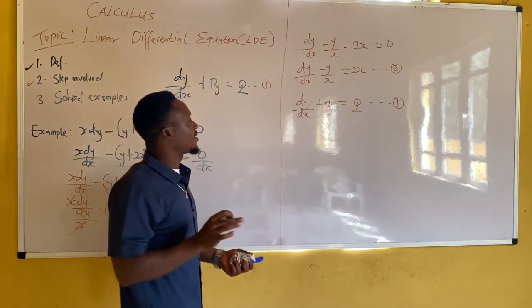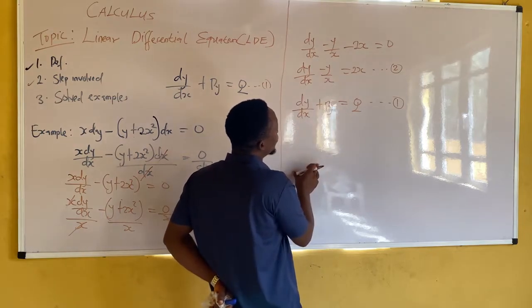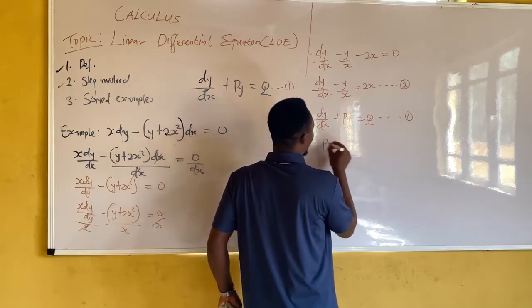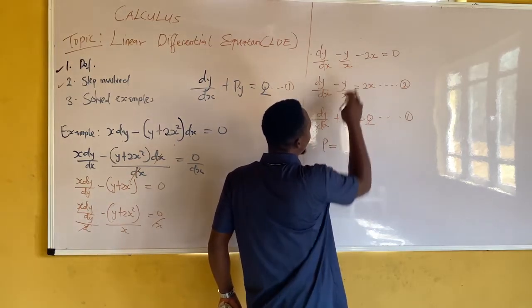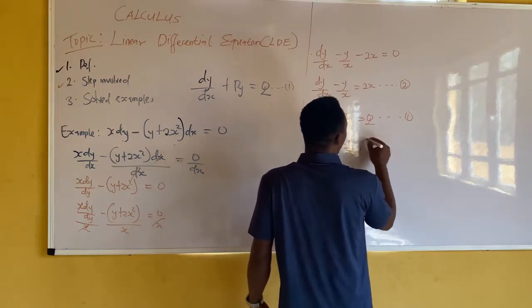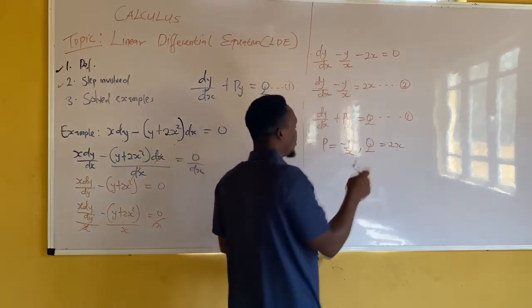Now, let's factor out our q and our p. Now, looking closely, you will discover that our p is the coefficient of y, which is minus 1 over x. And our q is what is at the right hand side, which is 2x, by comparing the two equations.